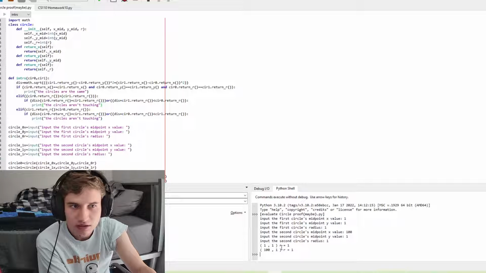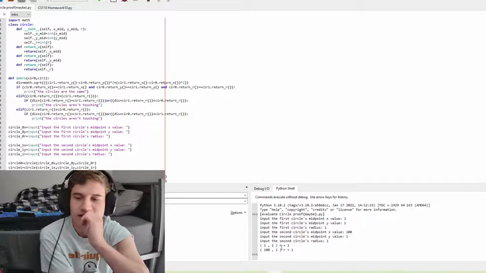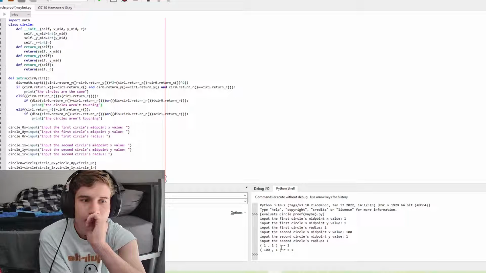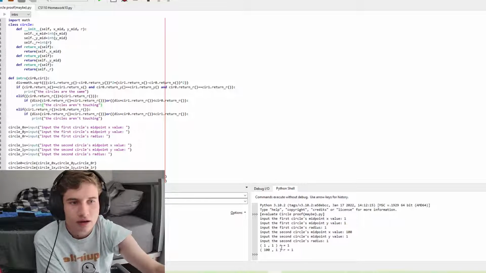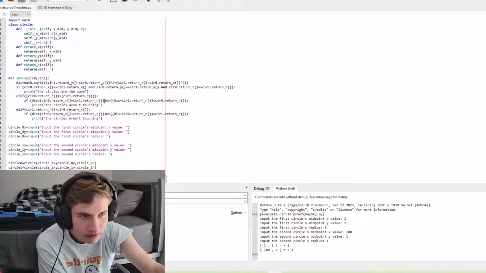That's not great. It should have printed the circles aren't touching. No, okay, that's why. Okay, I'm going to change something.